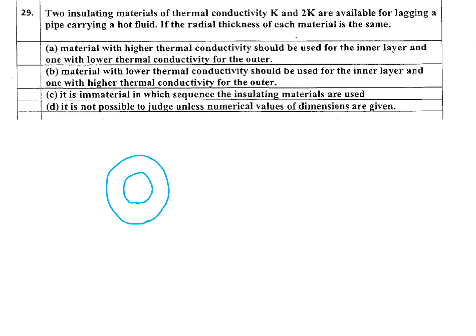It is better to put the less conductive material, having lower conductivity, inside, and the material having higher conductivity outside, K and 2K. This is better. So from the options, the material with lower thermal conductivity should be used for the inner layer, and the one with higher thermal conductivity for the outer. This is correct. B is our answer.